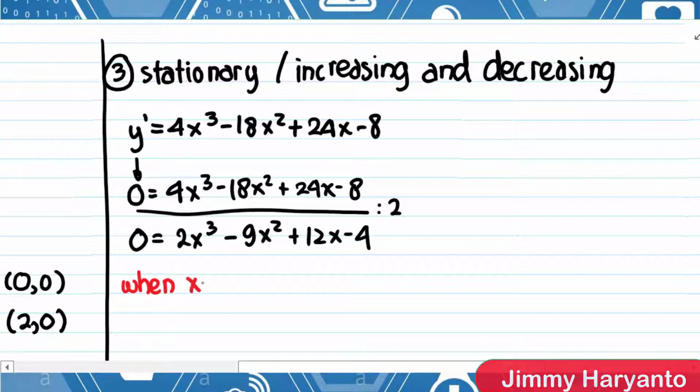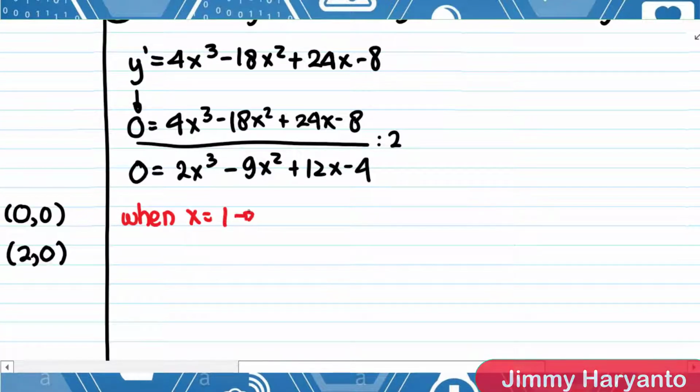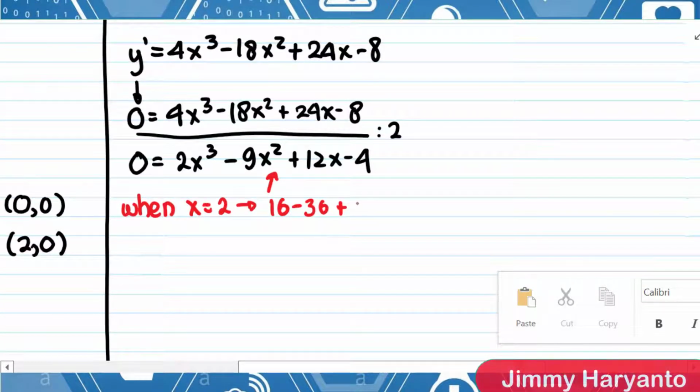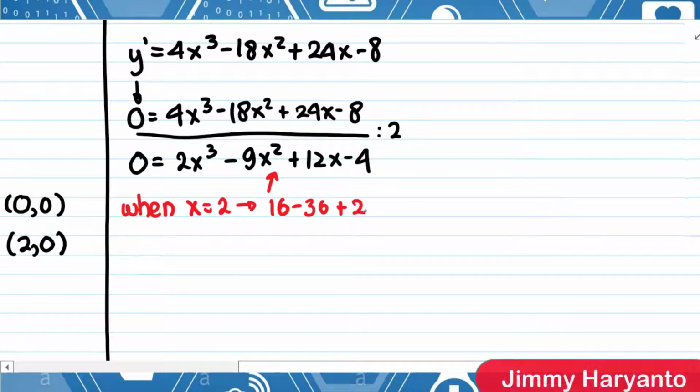When x equals, let's say, 1, the value will be 2 minus 9 plus 12 minus 4, which is negative 1, so no. For x equals 2, the result will be 2 times 2 to the power of 3, which is 16, minus 36, plus 12 times 2, which is 24, and then minus 4, so negative 12 plus 12. Okay, this one is 0. So for x equals 2, the value of the derivative is 0.